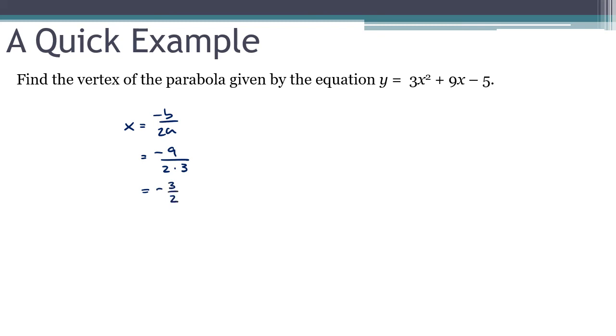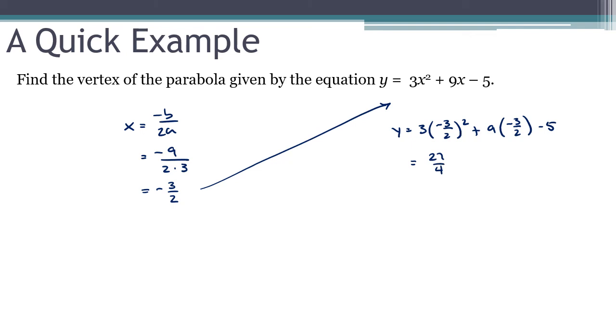All right, so then how do we go from there to the y coordinate? We'll take negative 3 halves and substitute into the equation here. Y equals 3 times negative 3 halves squared, plus 9 times negative 3 halves, minus 5. Let's see, this is 9/4, that's 27/4, minus 27 halves, minus 5.